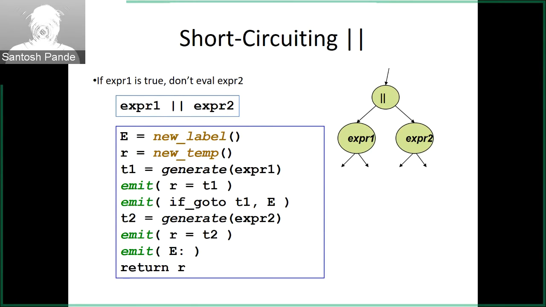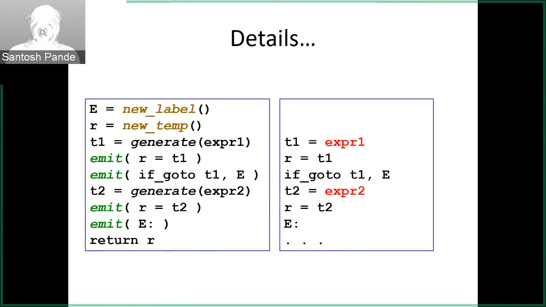in terms of this particular if statement that is getting generated. So what you will have here when you look at the generated code is the code for expression 1, followed by this temporary assignment through the emit. Then you will have the if statement, and here is how it will look. This will be the generated code on the right hand side.